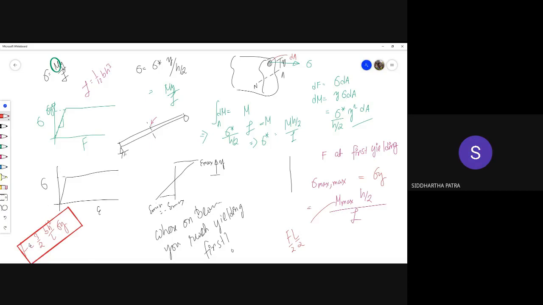So that is the F value at which, at this force value, plastic deformation starts within the beam. Or the first time the yielding happens.